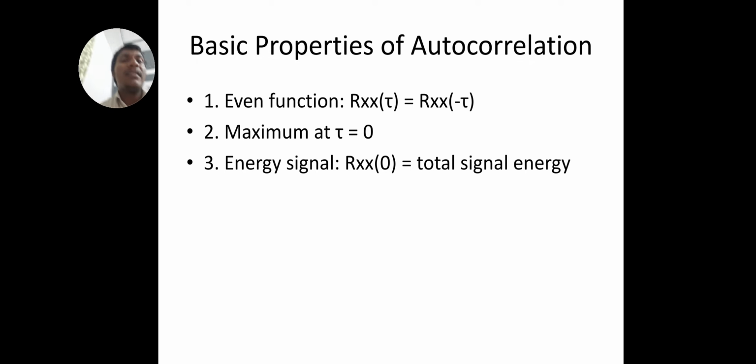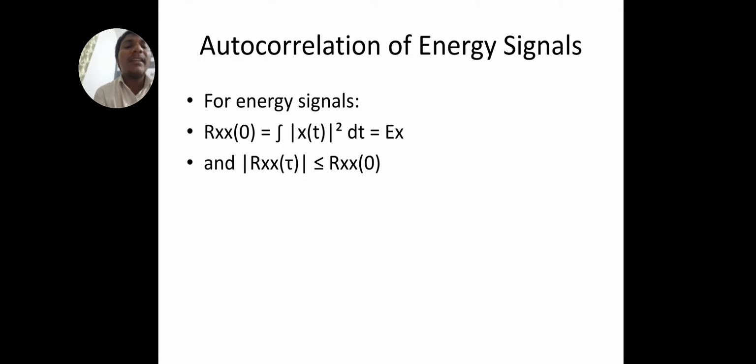Previously we discussed that the maximum energy of the signal lies at t equal to 0. Any value of Rxx of tau will be less than or equal to Rxx of 0.